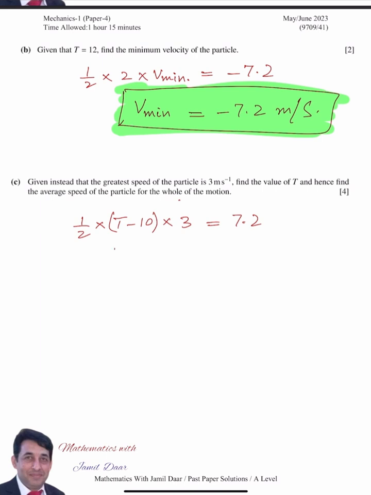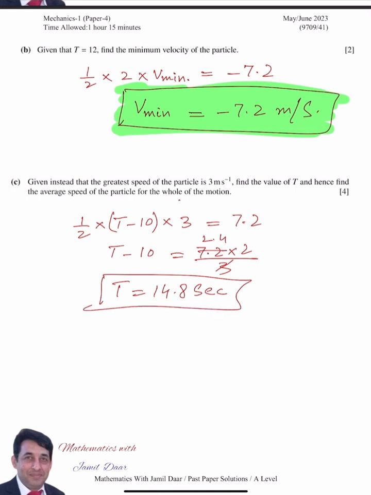So t minus 10 is equal to 7.2 into 2 divided by 3. So t is equal to 4.8 plus 10, which is 14.8 seconds. So this will become 14.8 seconds.